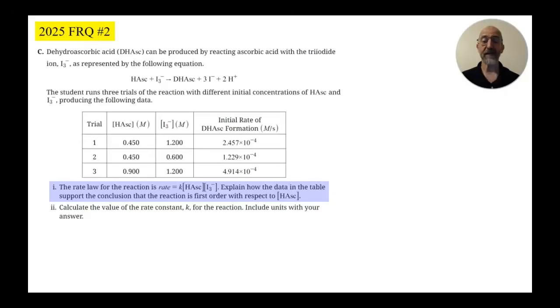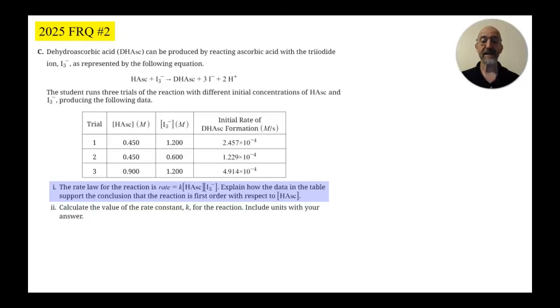Now, we are given information with initial concentration of each reactant, initial rate, and this is what it says. The rate law for the reaction is rate equals rate constant K times concentration of ascorbic acid times concentration of the triiodide ion.